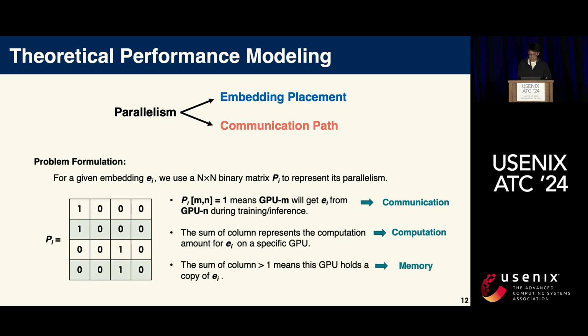Also, if the sum of a column is greater than 1, it means the GPU holds a copy of Ei, describing the memory consumption of Ei on each GPU. So by using this parallelism representation, we can comprehensively formulate the key performance metrics of the parallelism, including communication, computation, and the memory consumption.